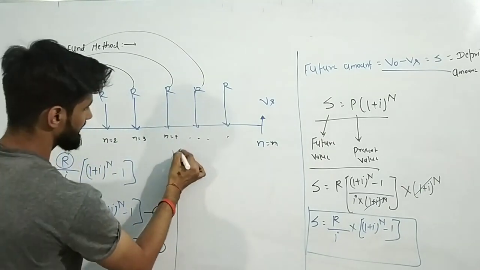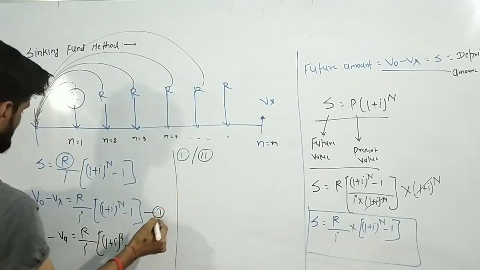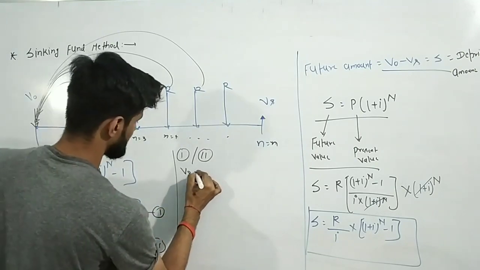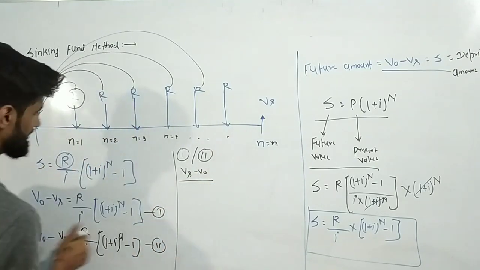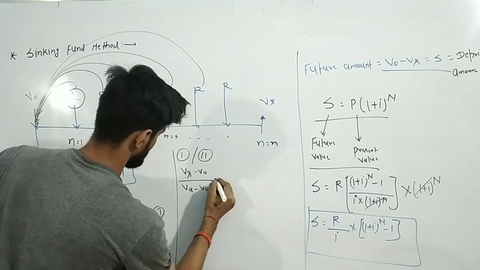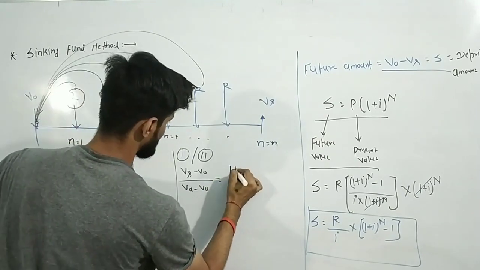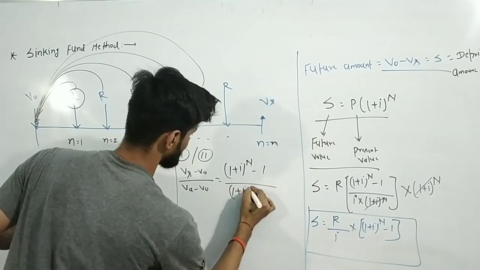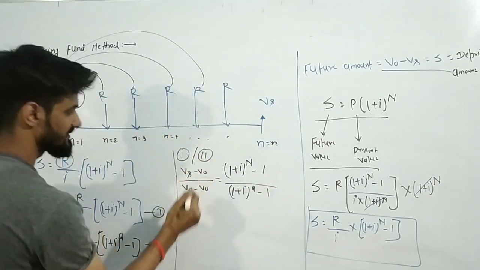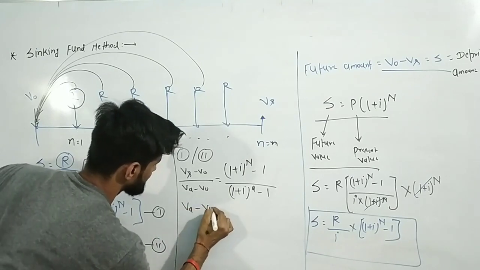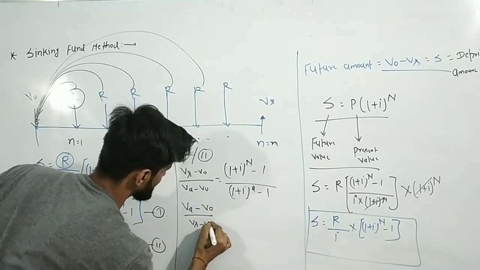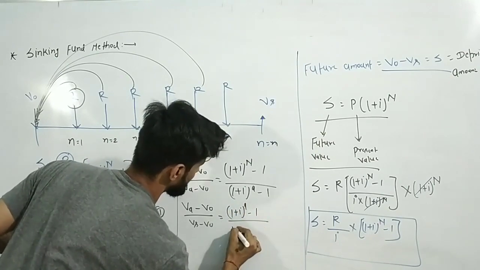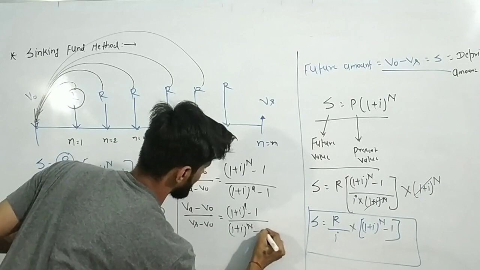If you divide equation first by second, then you will get Vs minus V0 upon Va minus V0, that is equal to ((1 plus i) whole to the power n minus 1) upon ((1 plus i) whole to the power a minus 1). Just reverse this equation, you will get Va minus V0 upon Vs minus V0, that is equal to ((1 plus i) whole to the power a minus 1) upon ((1 plus i) whole to the power n minus 1).